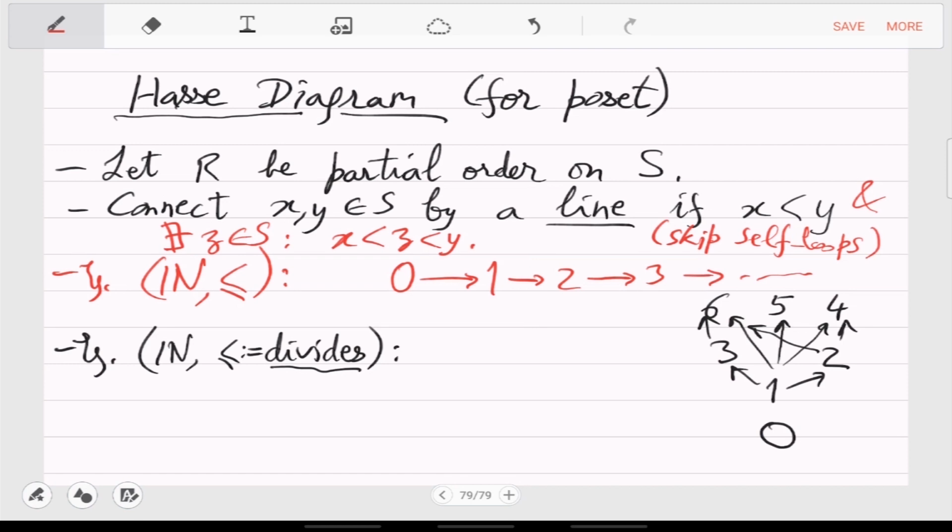Okay, so I connect x to y only if there is nothing in the middle. Which then explains, coming back to the natural number less than or equal to example, we don't connect 0 to 2 or 0 to 3 or 2 to 4 because there is something in the middle which is giving the path. Yeah, that will change this now.